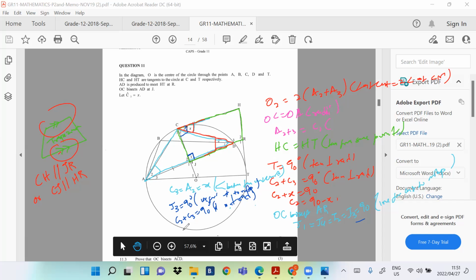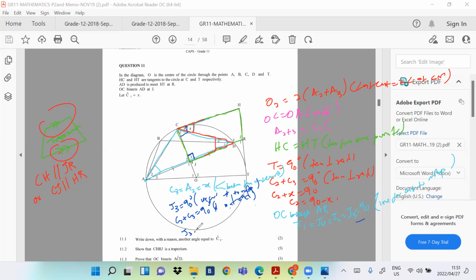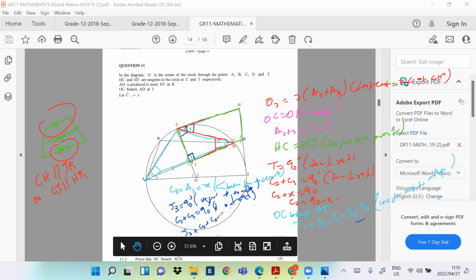So when we add J3 plus C2 and C3, what do they give us? 90 plus 90, which is 180. Therefore, these are co-interior angles, which are supplementary. Therefore, line CH is parallel to JR.